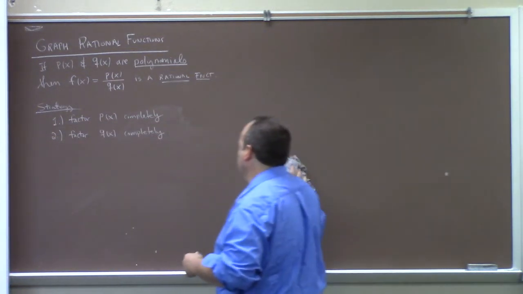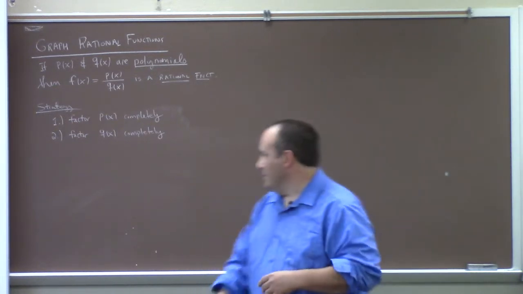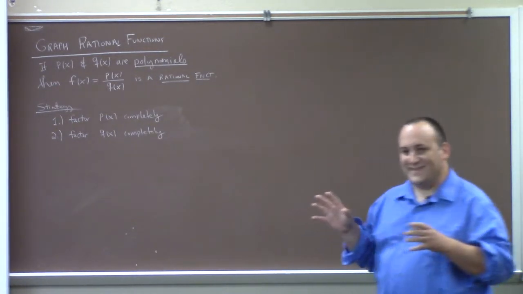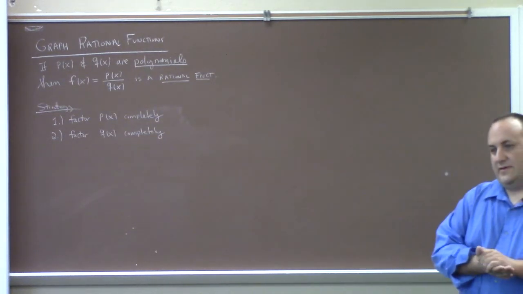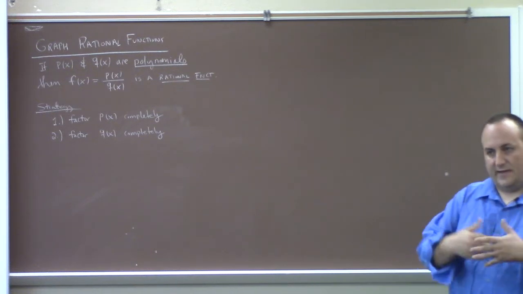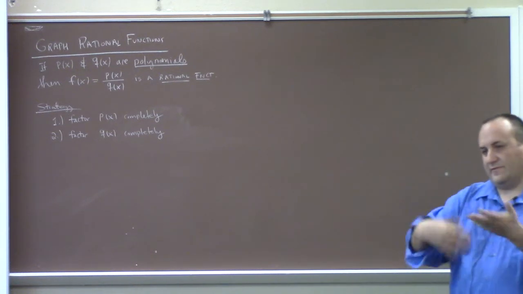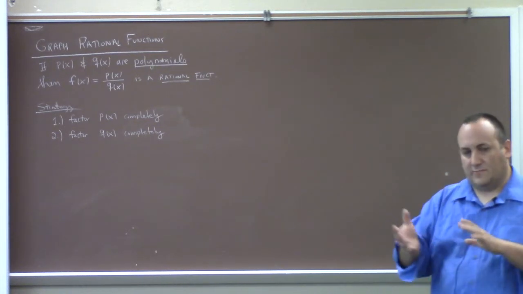So we factor p of x completely. We factor q of x completely. And actually resist the urge at the start to cancel terms, all right? Because it's going to be important to understand what that looks like before we cancel terms. If we cancel the terms out, then we kind of lose track of the nature of what we canceled.